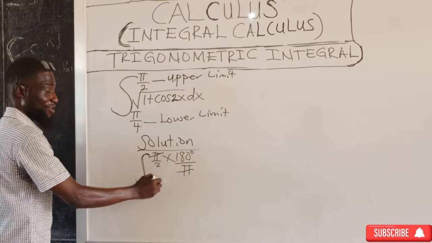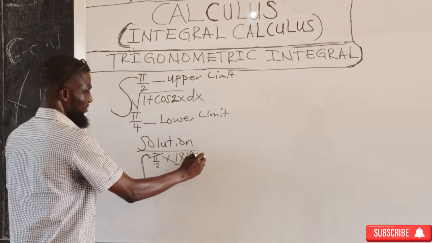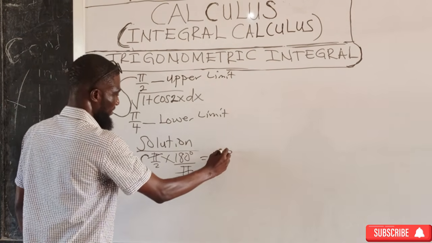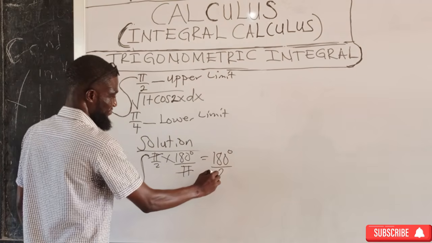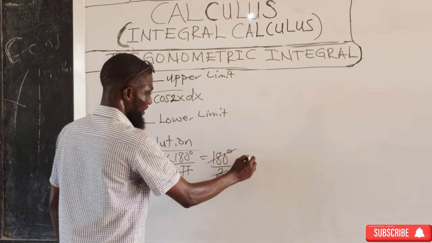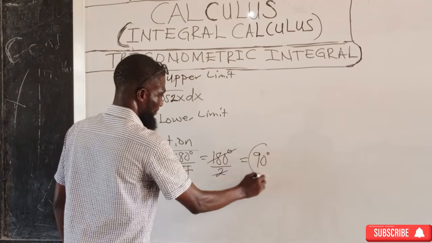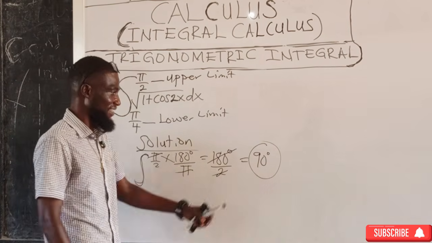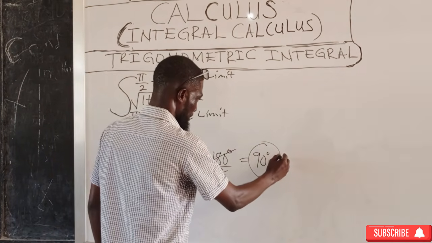Remember, pi and pi cancel. We are left with 180 degrees divided by 2. If I divide 180 degrees by 2, I will have 90 degrees. And this will be used as the upper limit.